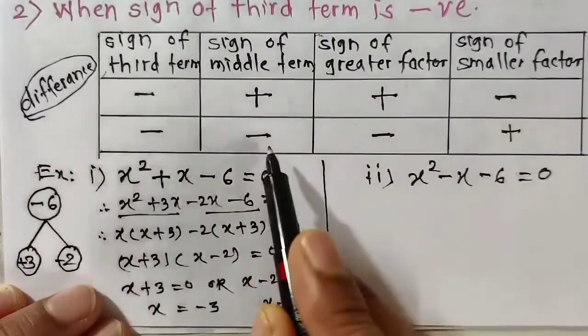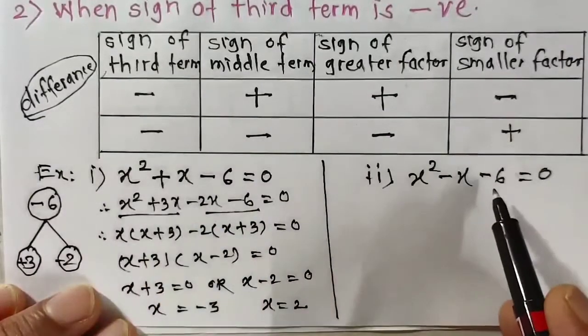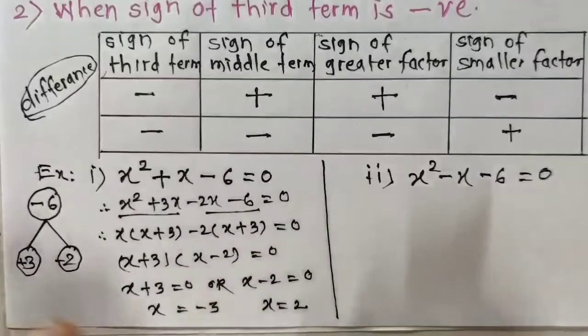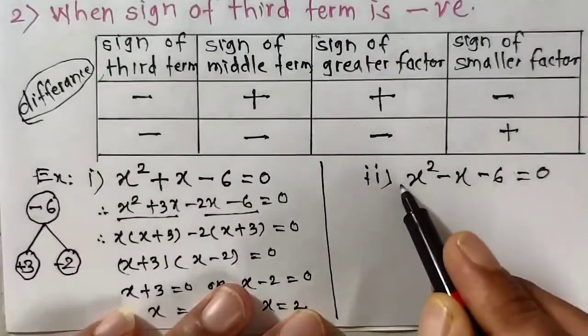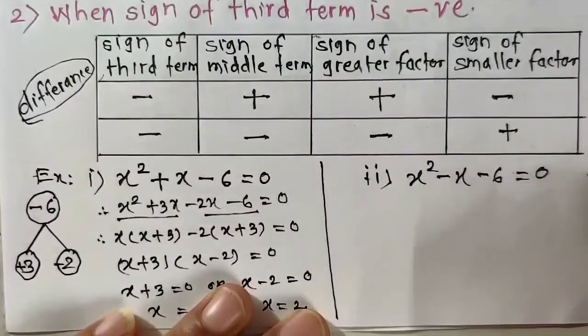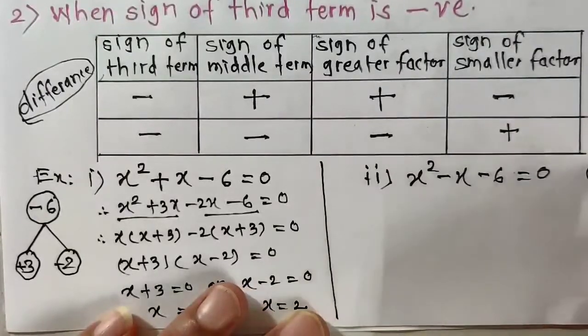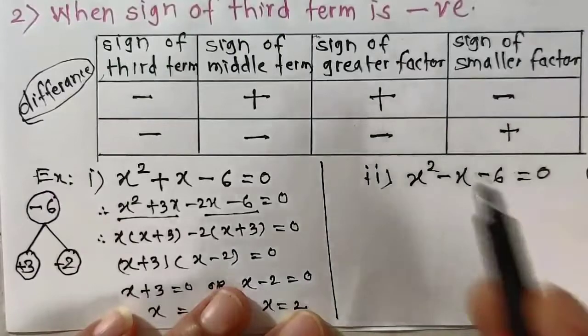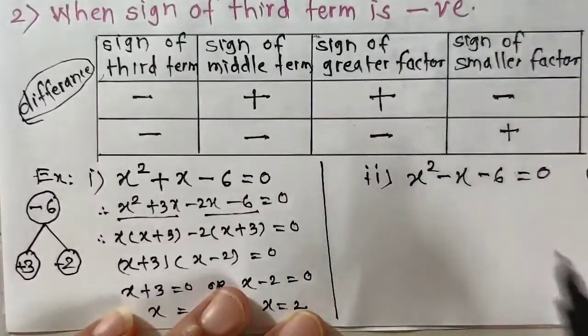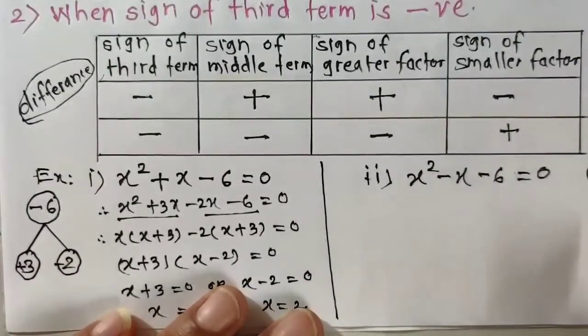Whenever the middle term is negative and the last term is negative, how to give the sign? So 1 into minus 6 we get minus 6. Whenever the last term is negative, our product is always negative. That means both the factors have different signs.